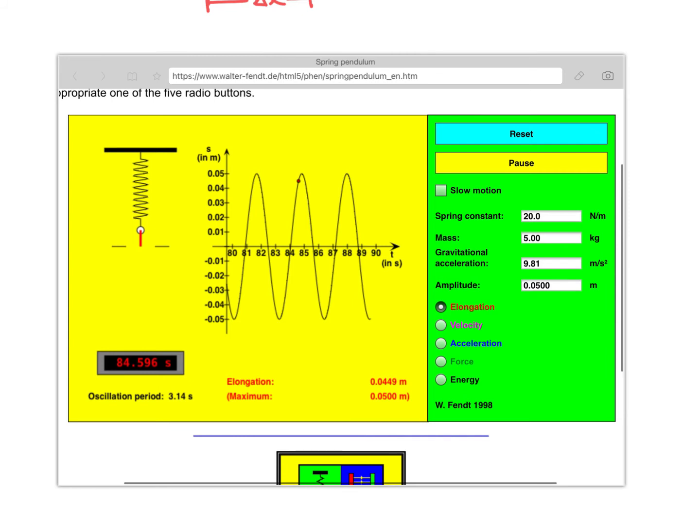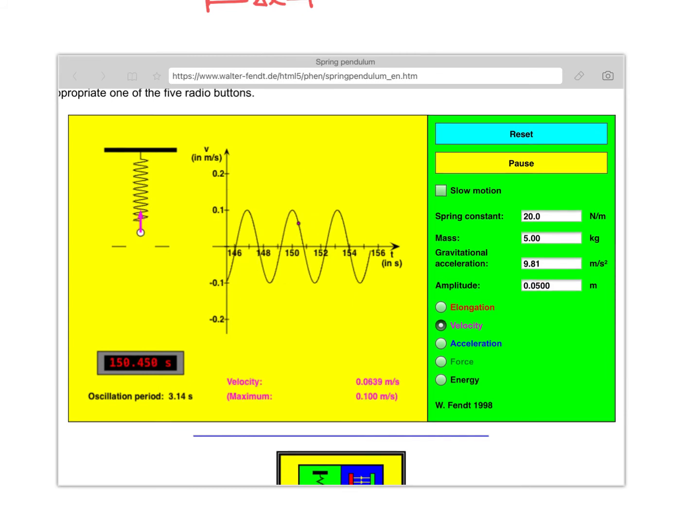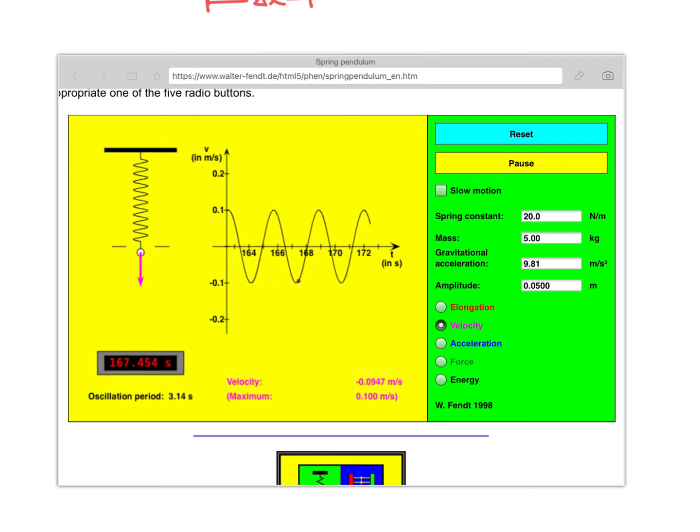Now let's look at the velocity. And the pink arrow represents the magnitude and direction of the velocity. Notice that the velocity is a maximum as it's passing through the equilibrium position here, and it's a minimum at the maximum positions.